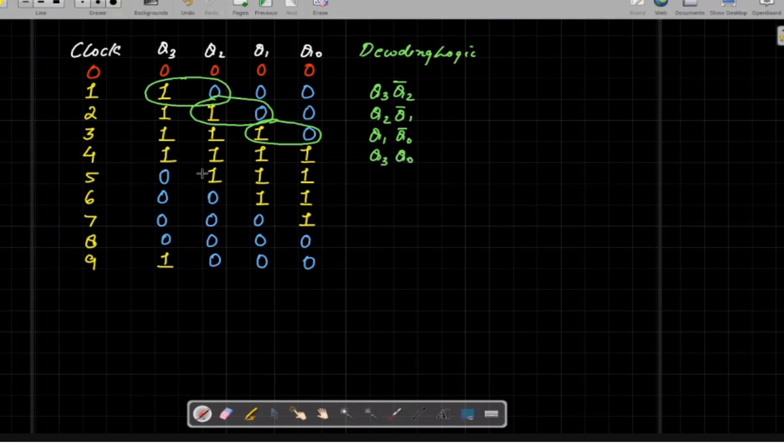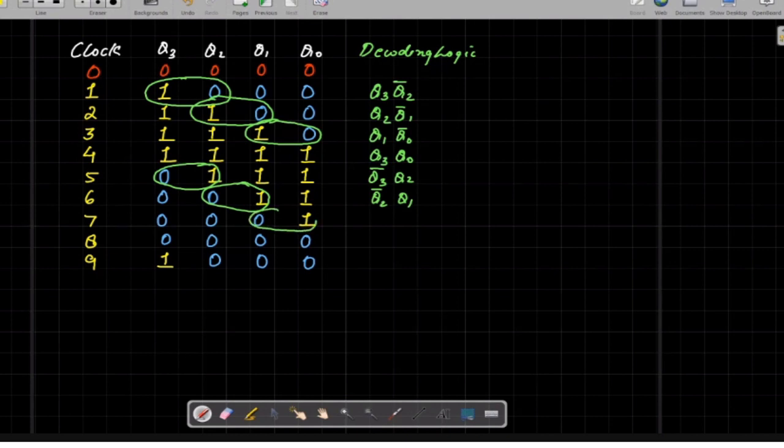This is Q3 and Q0, and then again you will start repeating in this same fashion. Here this will become your Q3 bar, Q2 bar, Q2, then this pair's decoding logic will be Q2 bar and Q1.